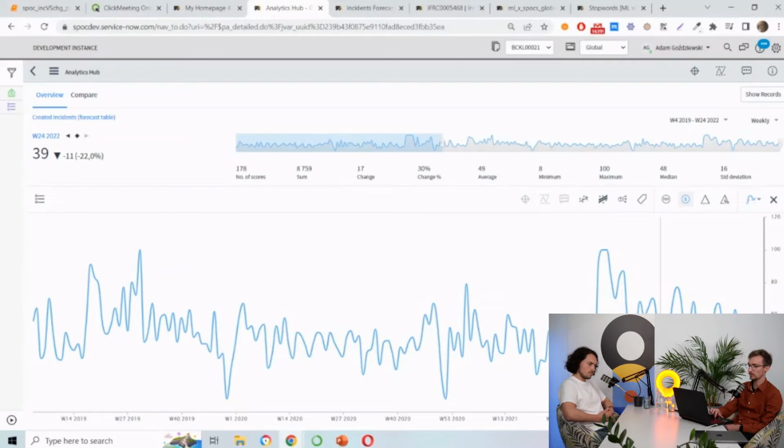That is worth mentioning because this is the period when we know for sure that the number of incidents is lower. People go on holidays, it's holiday time. So we would like to see how good Performance Analytics would be at forecasting the upcoming months. Will it be the same this year, according to Performance Analytics? We use forecast for that.